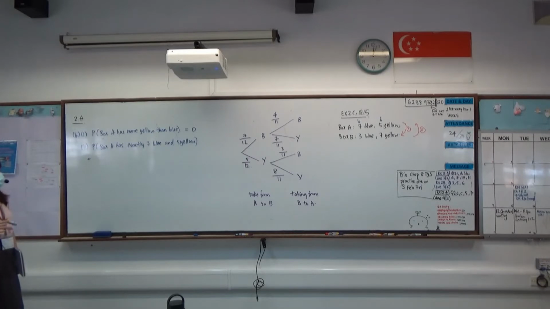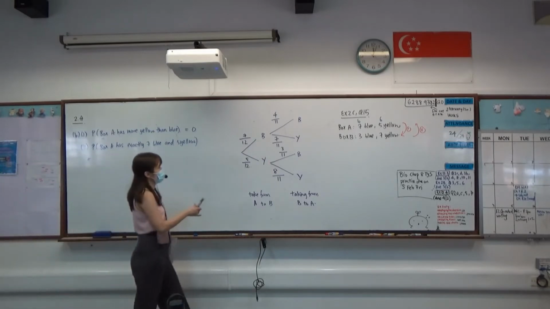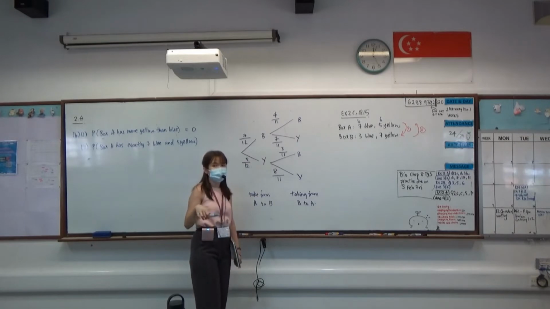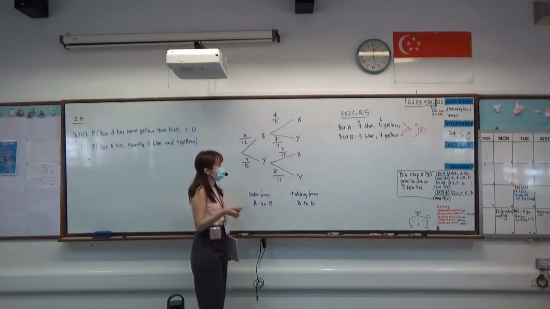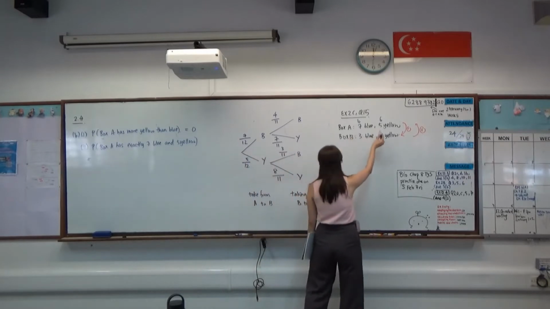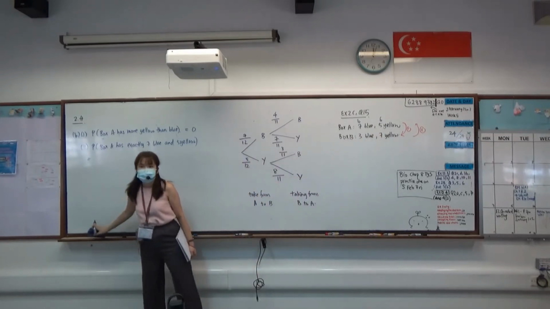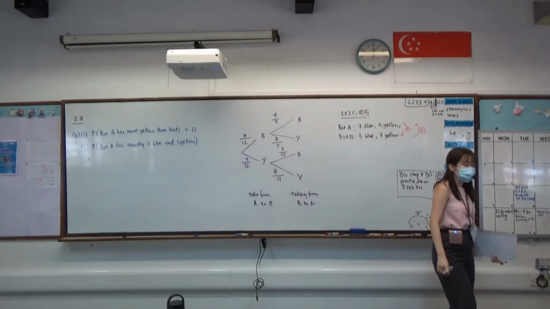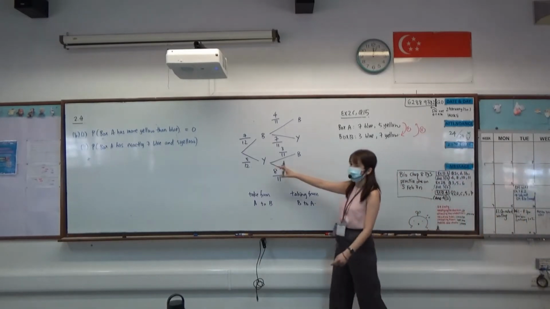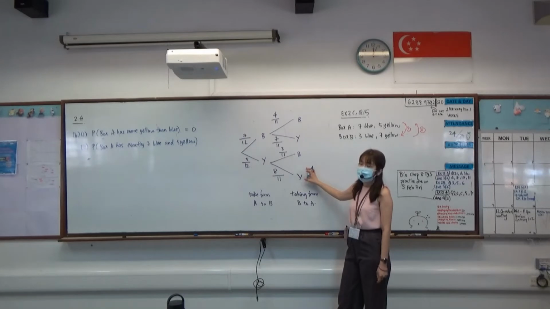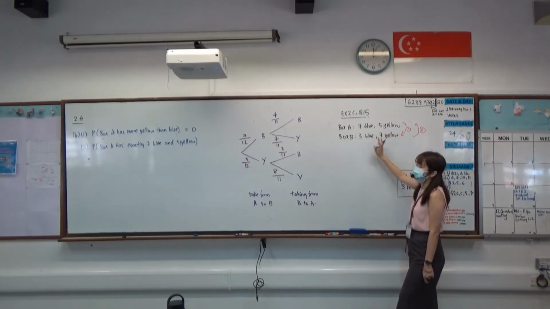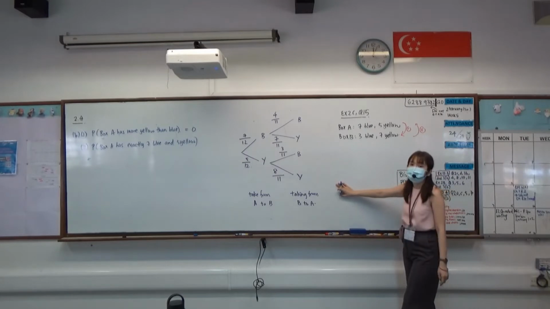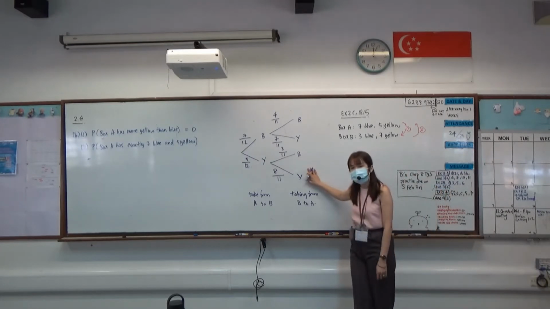If we want to have exactly 7 blue and 5 yellow, if I had taken a blue at first out from box A to put it into box B, what do I need to do to ensure that I still have 7 blue and 5 yellow at the end? What do you think, Zhen Quan? If I took out a blue one from box A and I put it into box B, but I want to actually maintain 7 blue and 5 yellow at the very end of the day, what must I be taking out from box B to put back into A if I first took out a blue?